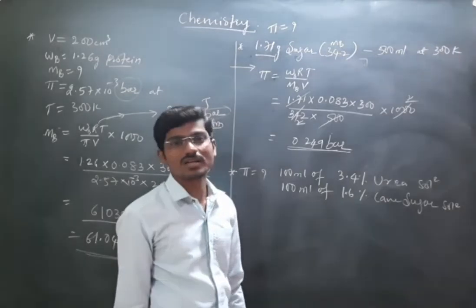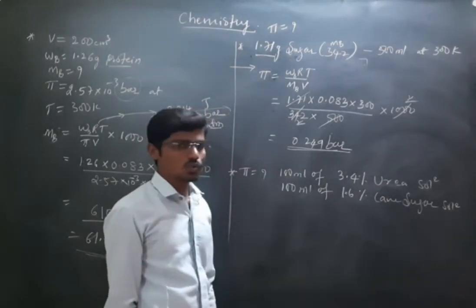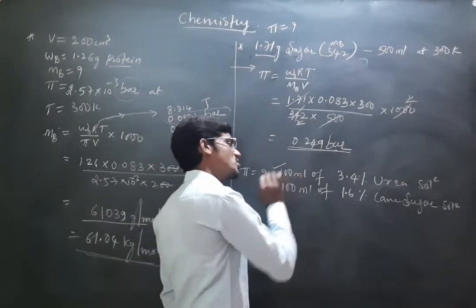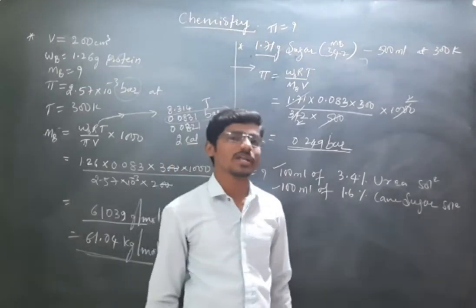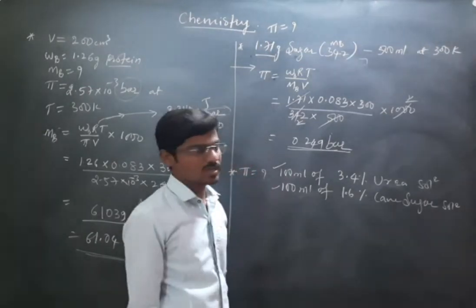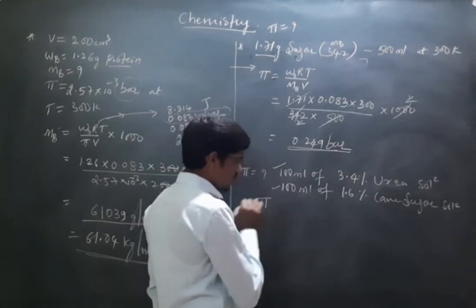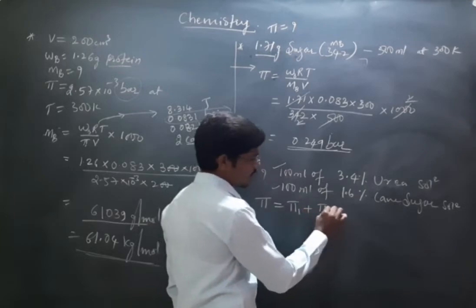So I want to calculate for the resultant solution. You can do this in two ways. Number one, calculate the osmotic pressure of the first solution and second solution separately and then add the values. Or else you can use the direct formula. As we know, the total osmotic pressure is pi 1 plus pi 2.